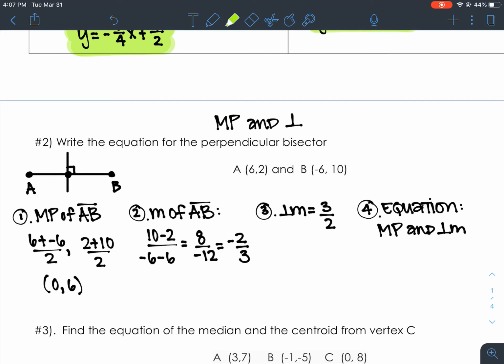This midpoint, 0, 6, is actually pretty significant because it's the y-intercept, because the 0 is in the x spot. So you could actually jump ahead and get your final answer right away. But I'm going to work through it just so that you can see that you can't do that every single time.